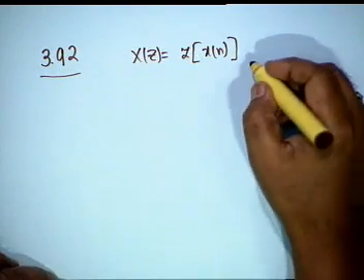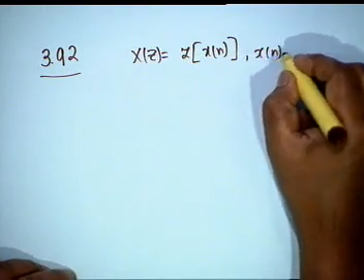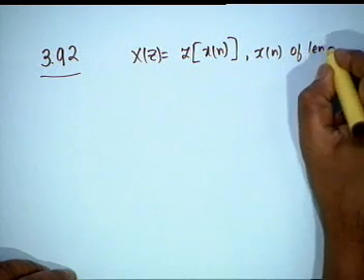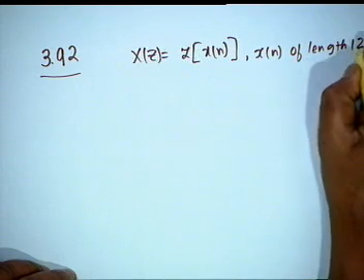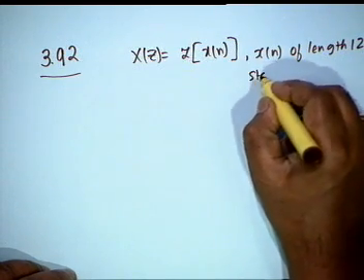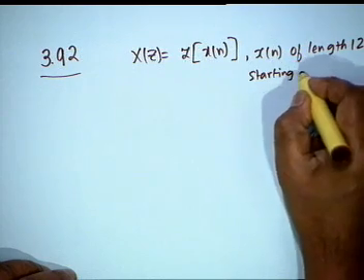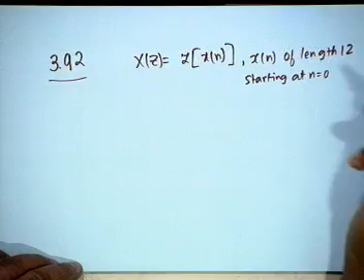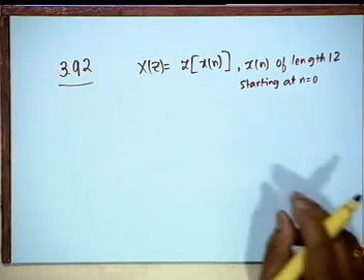and x(n) is of length 12 starting at n equal to 0. That is, we have x0, x1 up to x11.